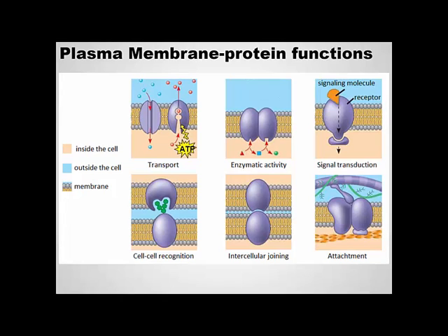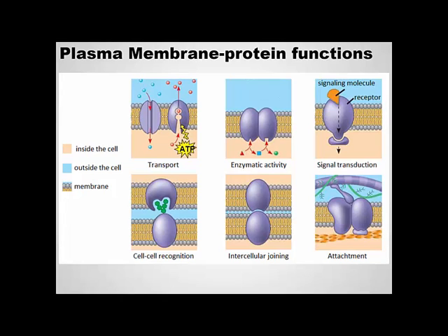Some of these membrane proteins allow cells to communicate with each other, to recognize other cells. Because of these molecules attached to the outside of one protein, another protein on a separate cell can recognize that and can know what type of cell this is based on these attached molecules.